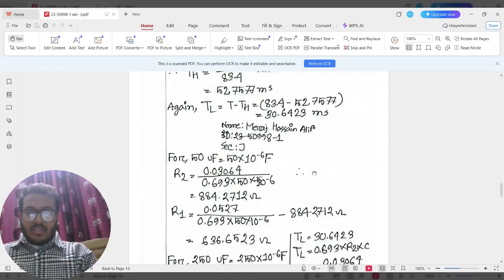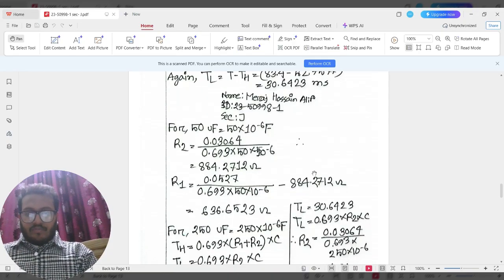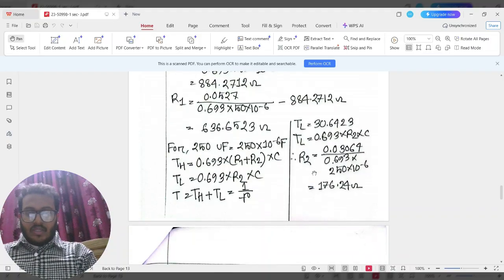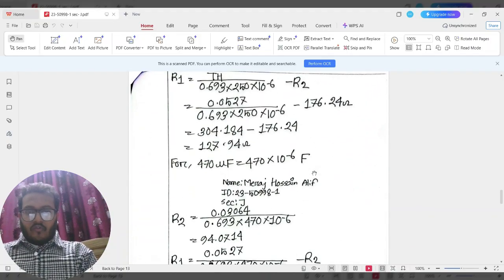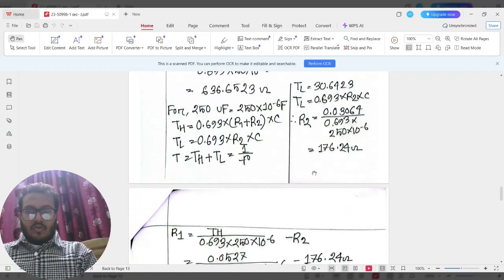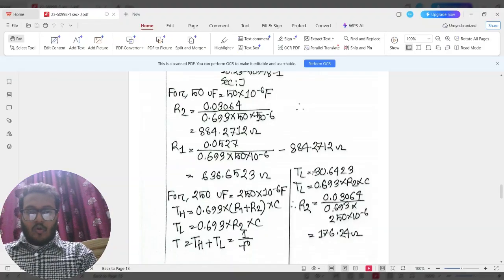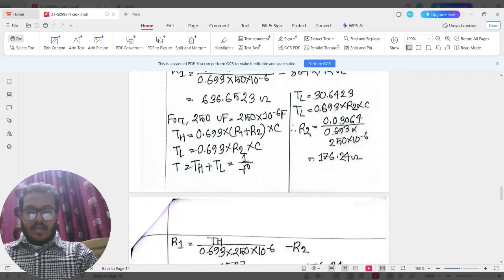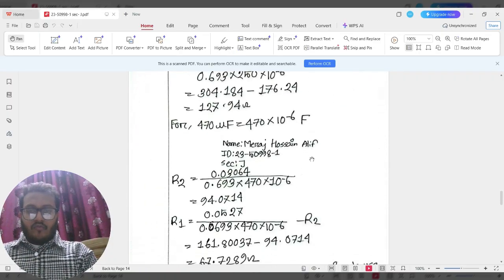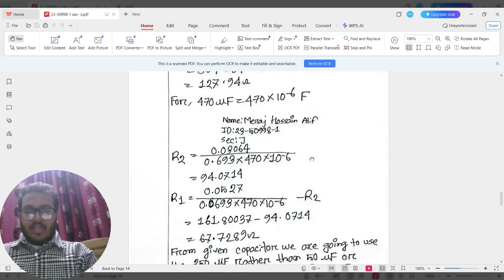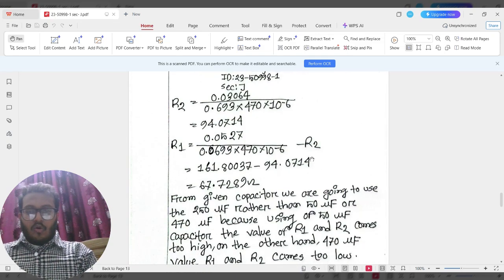Which capacitor is best: 50 microfarad, 250 microfarad, or 470 microfarad? In 50 microfarad there is high ohm, and for 470 microfarad there is also low ohm.